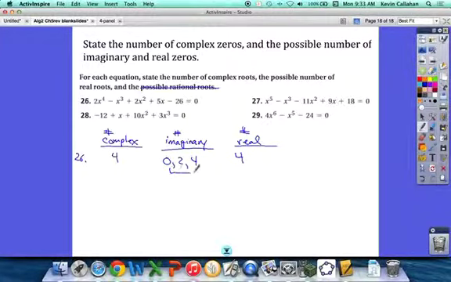These go together, right? If there's 2 imaginary, how many real? 2, right? And if there's 4 imaginary, how many real? None, right? Those are just possible. We didn't actually find any zeros. We just said these are the possibilities.